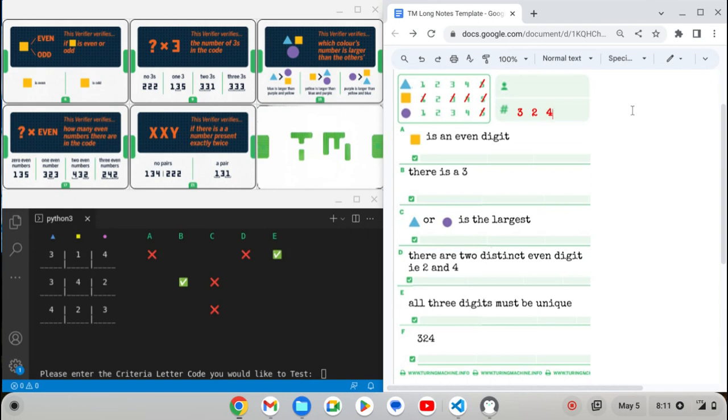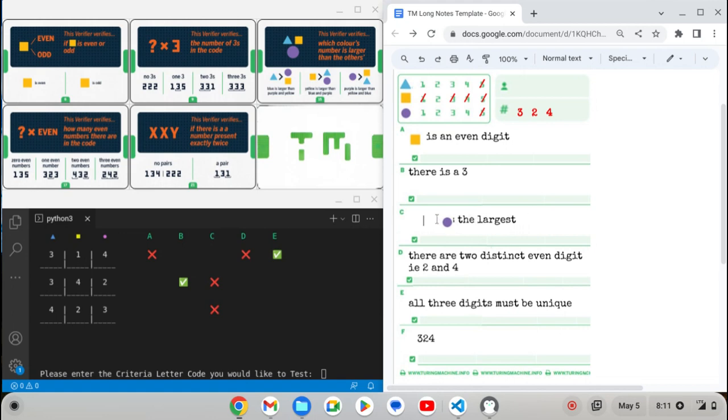Before we go to the official Turing Machine verification, I want to check it within our puzzle here. Is the square digit even? It sure is. Is there a 3? Yes, there is. Let me update our notes here, where it should be circle to be the largest. So let me get rid of this.